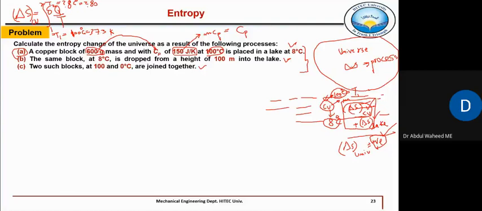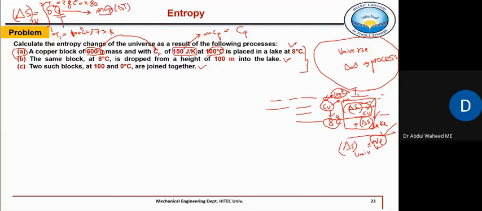Right. Now what is del Q? How we can find out del Q? जो heat loss हुई है, heat lost by copper is given by m of copper, small Cp of copper into delta T. That is the heat lost by copper.